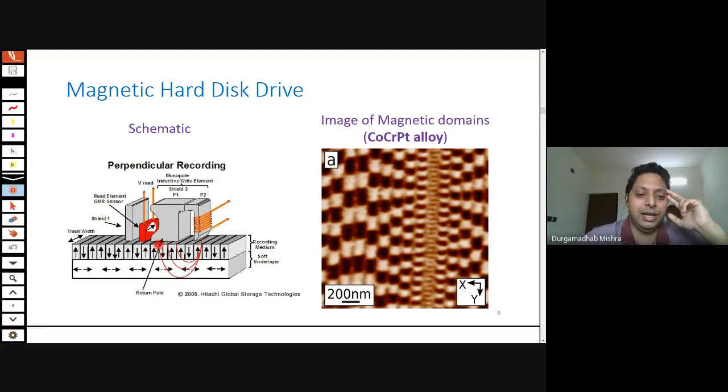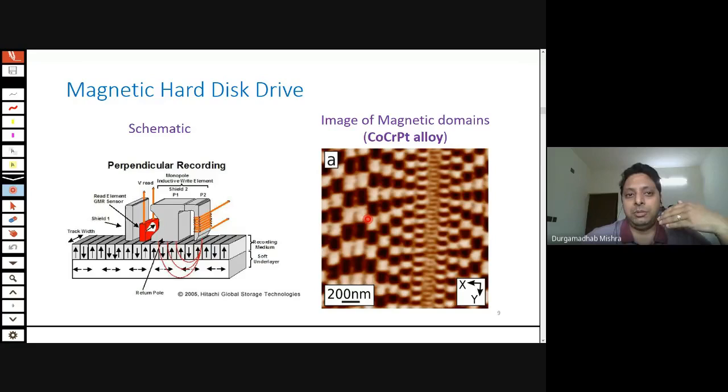And this red part that you see here is called the read head. This is a special sensor called a GMR, or nowadays people use a TMR sensor. We will talk about that when we discuss the magnetic recording medium. On the right side, what you see is a microscopic image.